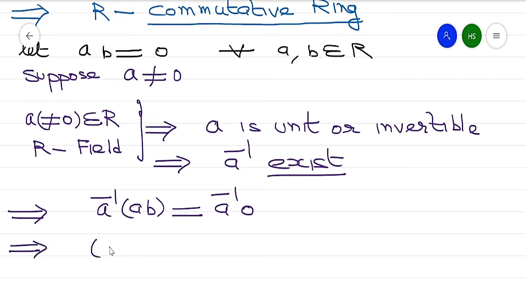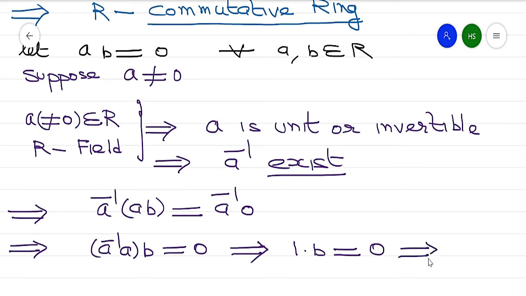So this value is A inverse A into B, which is 0. So what is this? A inverse into A is 1. So 1 into B equal to 0. So it means B equal to 0.